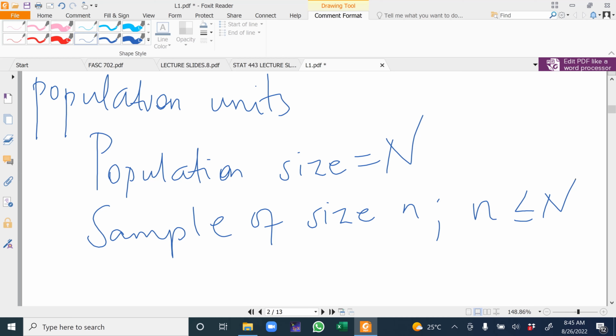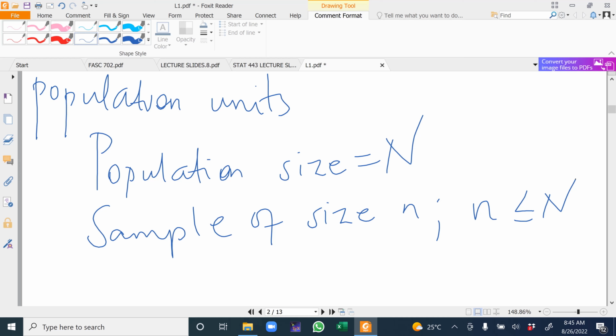So in simple random sampling, as it is for probability sampling techniques, each unit in the population has a non-zero probability of being included in the sample.